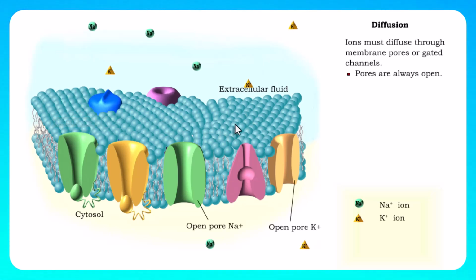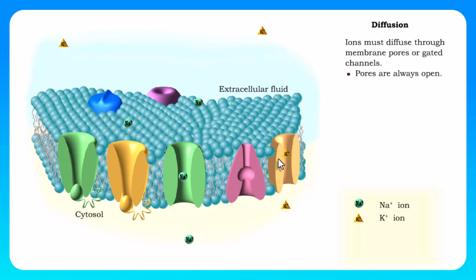Charged molecules, like ions, diffuse across the plasma membrane via membrane proteins.